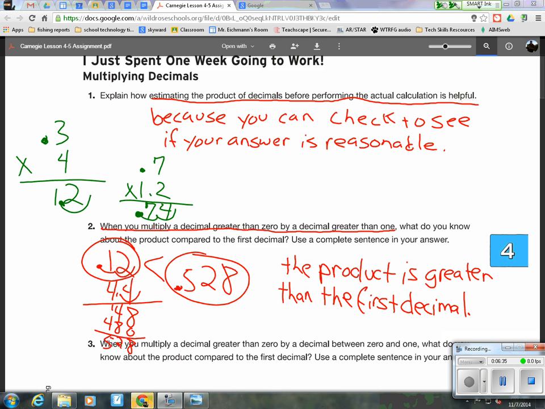Still, we've got 0.7 and 0.84. Which one's bigger? The product. So it appears that every single time, if you multiply a decimal greater than 0 by a decimal greater than 1, your product is always going to be bigger. Okay. Let's go to the next question.